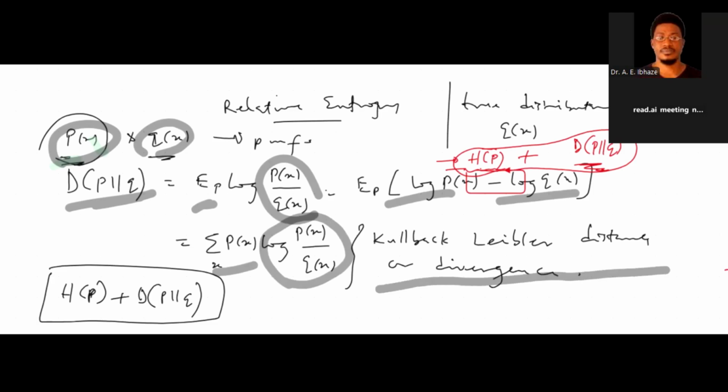Like I mentioned earlier, it measures the inefficiency of assuming a distribution to be Q when the true distribution is P.